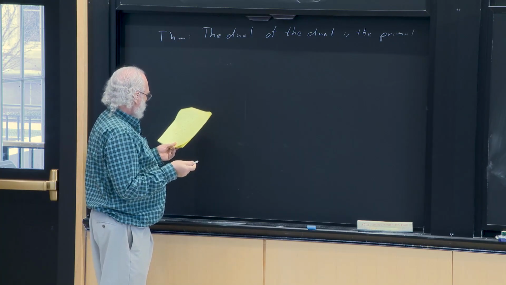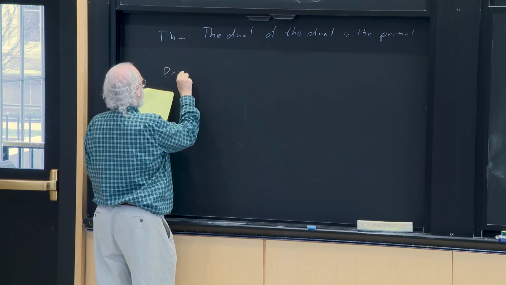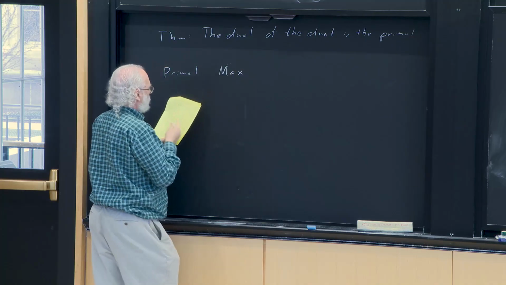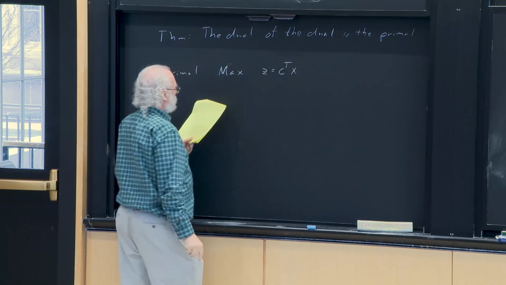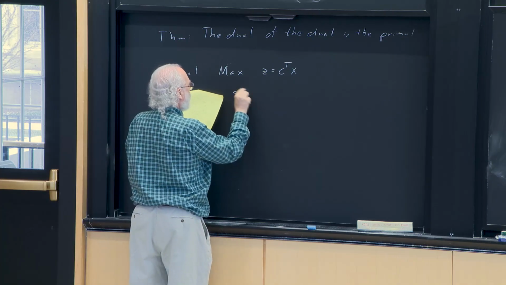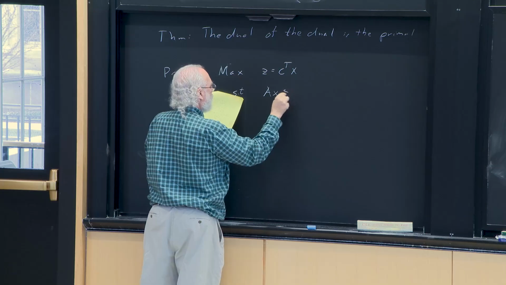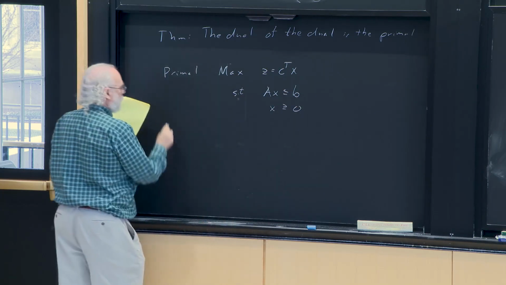So the primal is the maximum of Z equals C transpose X, subject to AX less than or equal to B, and X greater than or equal to 0.